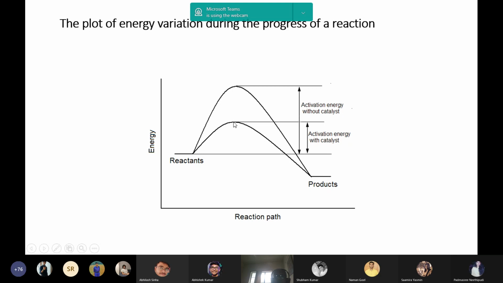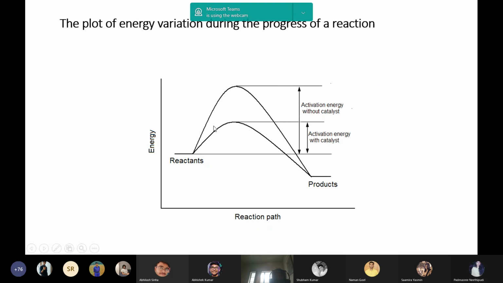So this difference between reactants and the higher energy level is called activation energy. The activation energy with catalyst and without catalyst has a large difference. Suppose we use a reaction A plus B producing P as the product, and the activation energy requirement is 45 kilocalorie per mole without catalyst.